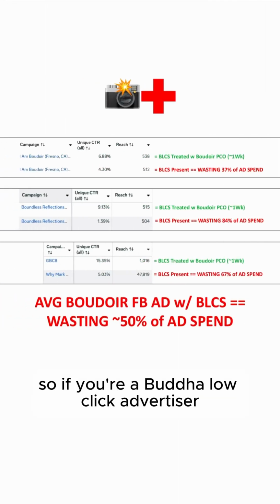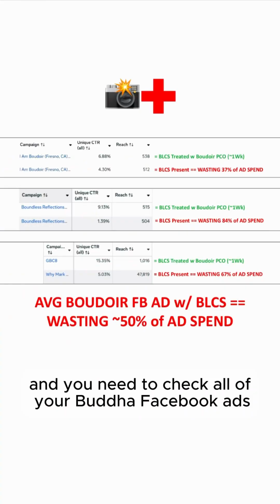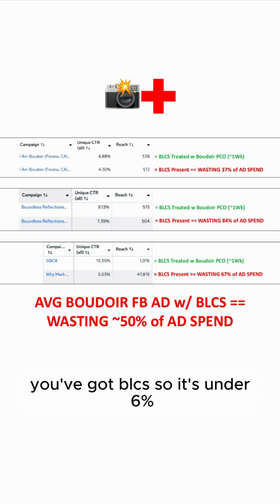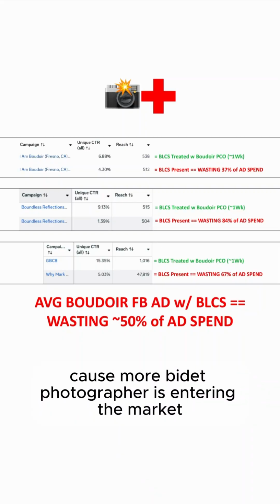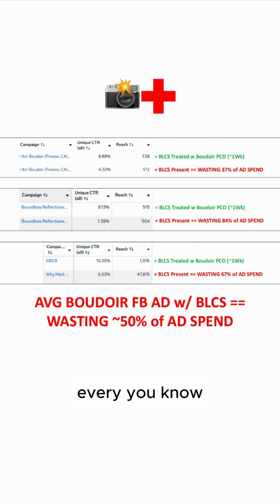So if you're a boudoir low-click advertiser and the unique CTR of your boudoir Facebook ads, you've got BLCS, so it's under 6%, and you want to pull more profit out of the business because more boudoir photographers are entering the market every day.